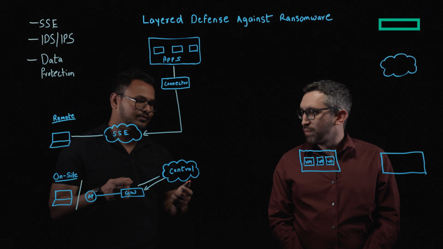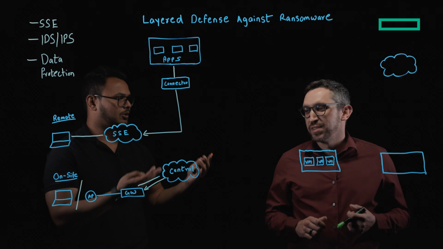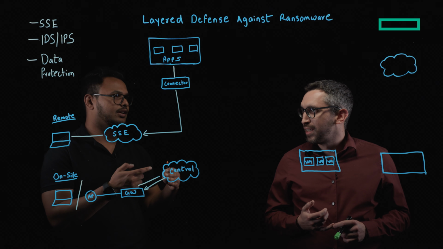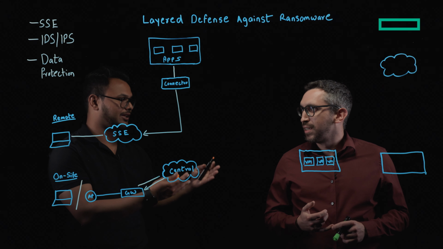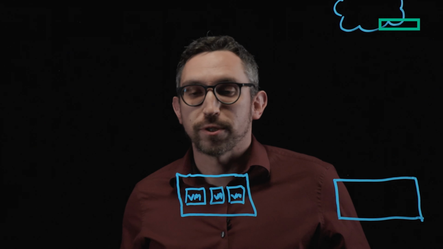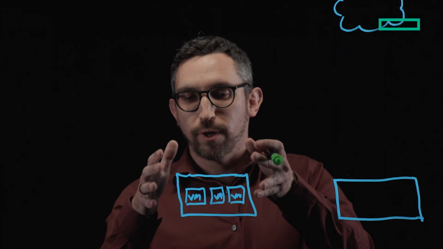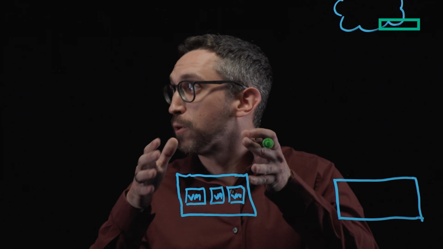Now, Anthony, how do we do data protection? How do we ensure that business continuity takes place? Yeah, that's a really great question. Data protection really comes down to protecting your core infrastructure, and for a lot of organizations, that's your virtual machines.